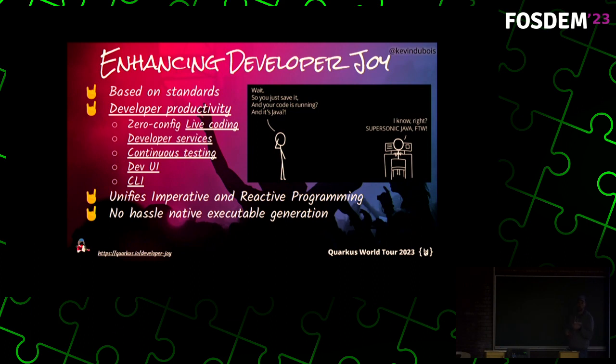So it's going to set the configuration so that it connects to that database automatically. And then you can even go and see what exactly that configuration is and then copy it down. Anyway, so that's the developer services.